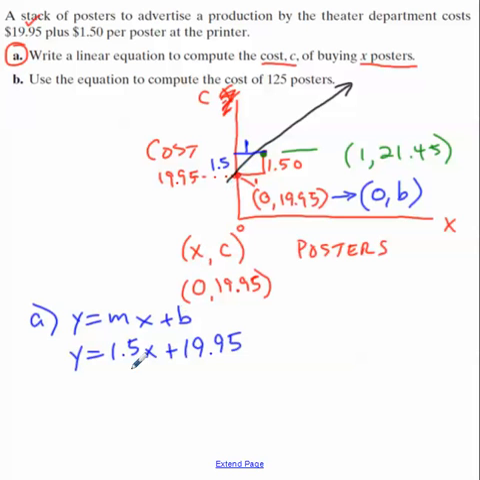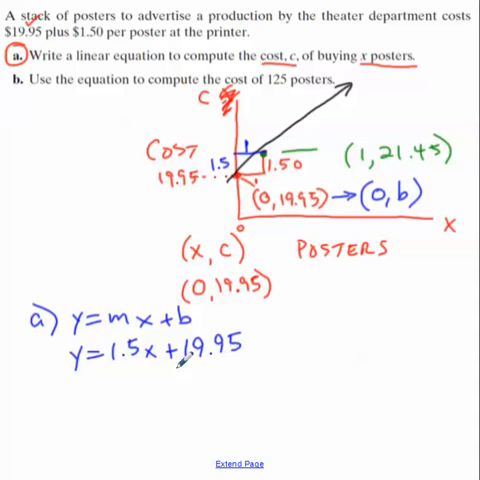If we didn't have this information, the walk-in price of 0 posters at $19.95, and we had 2 other points, we would just use those 2 points to create a slope, and then the point-slope form to create the equation for that line. But because we had this information right here, that allowed us to jump forward.